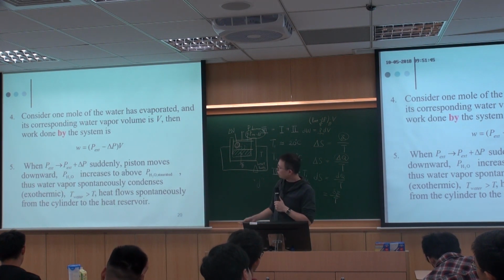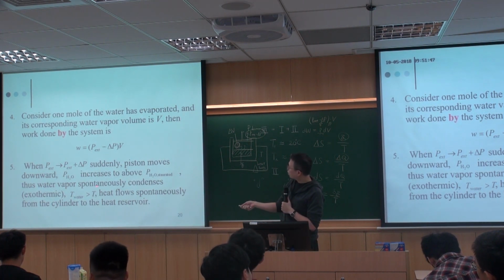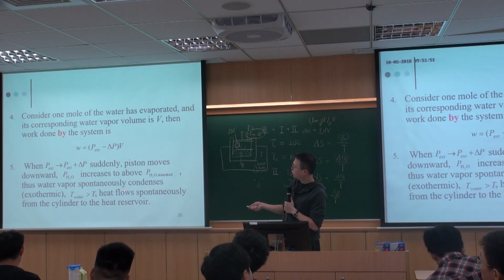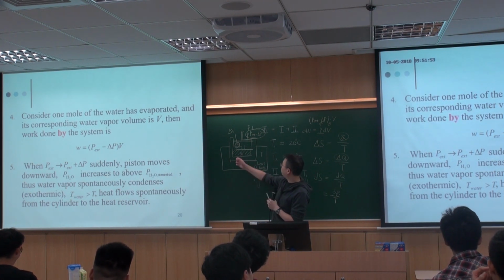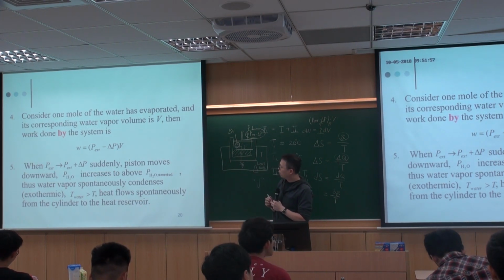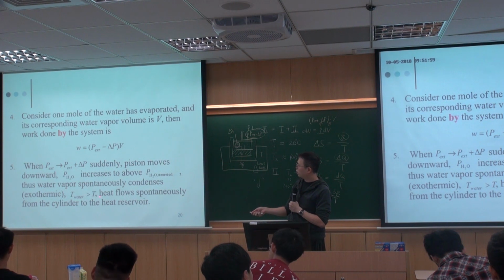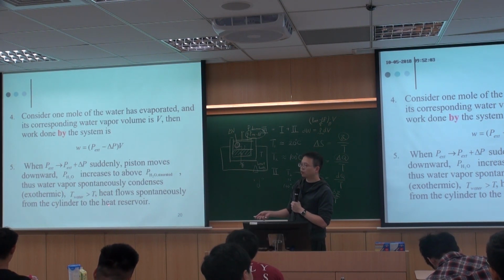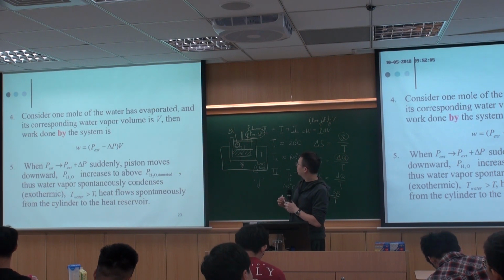And therefore, the vapor part will spontaneously condense back to the liquid part. And therefore, T water is greater than T, and heat flows spontaneously from the cylinder to the heat reservoir.